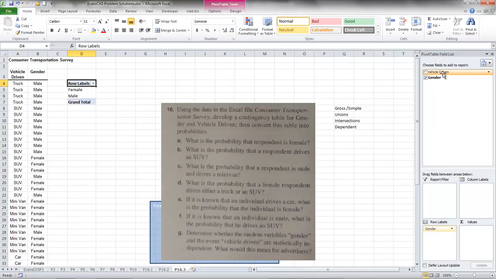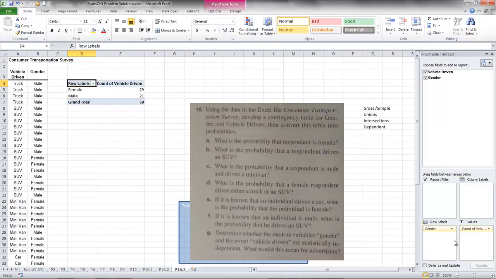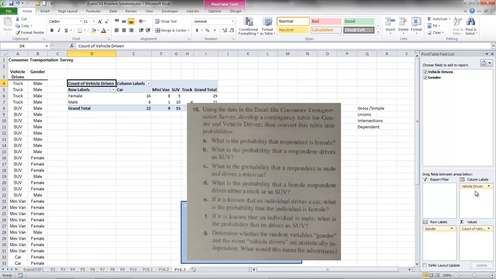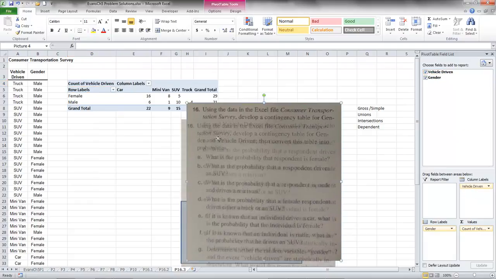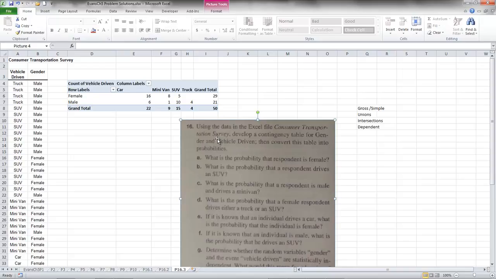And we wanted to look at, per gender, what kind of vehicle is driven. But remember, that's just going to give us something simple. This is very, very coarse. And the way that we can parse this out when they talk about contingency is we also want to put the vehicle driven in column labels. So we want to parse it out. We want to separate the sub-values of everything going on.